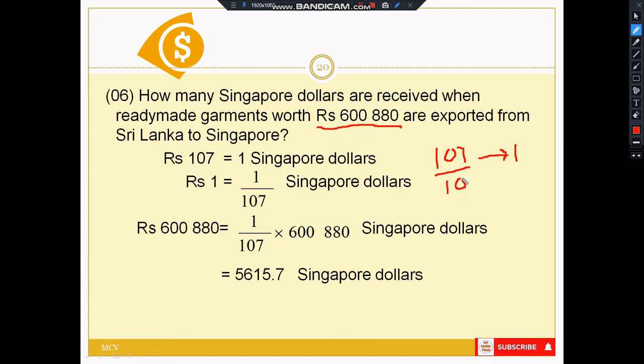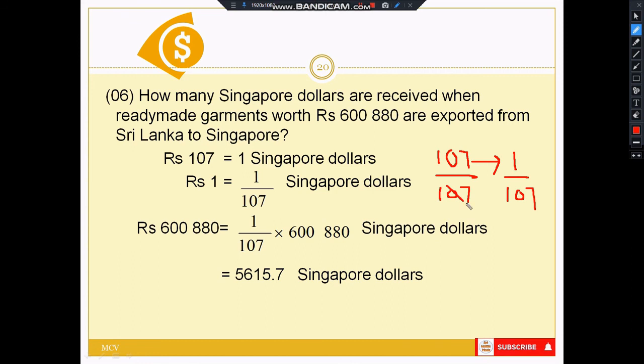To get 1, you have to divide both sides by 107. 107 rupees is equal to $1. Then to get 1 rupee, you have to divide by 107. 107 divided by 107 is 1.